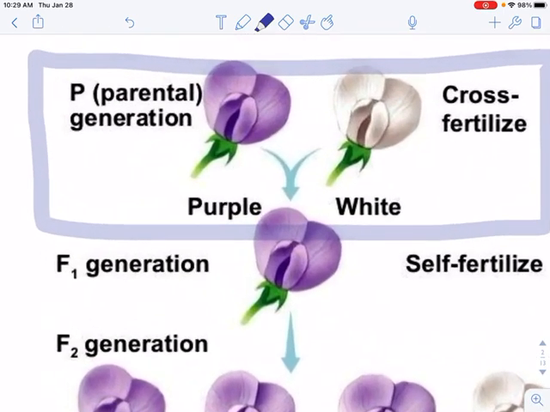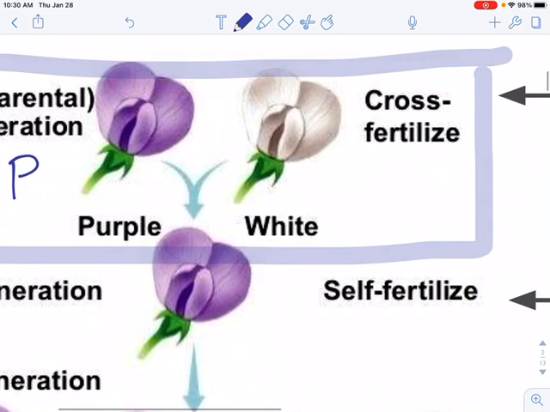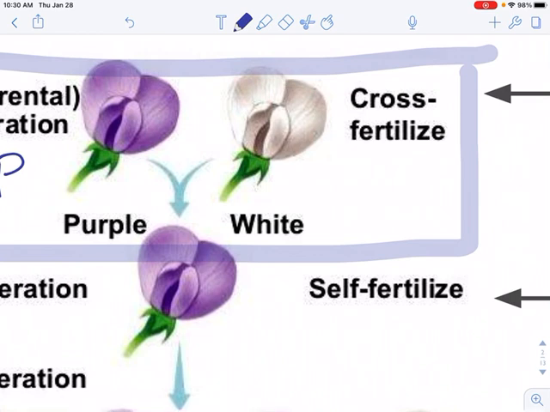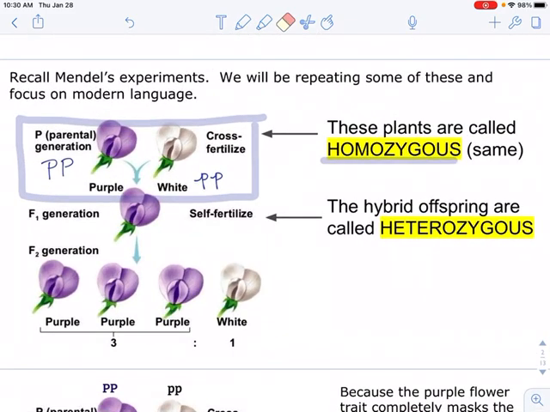So if we were to look at this purple flowered parent and look at their genotype, both of the alleles of that genotype would be the dominant P, the capital P. If we were to look at the white flowered parent, both of their alleles are the lowercase p. So the two alleles that make up the genotype are the same. So that's why we refer to them as homozygous.